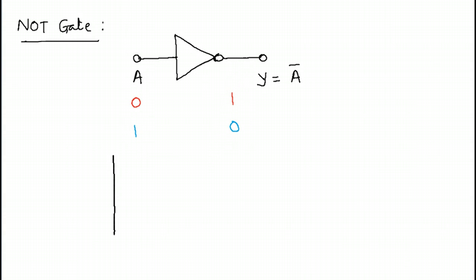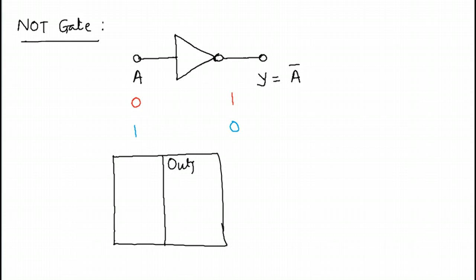And the truth table of a NOT gate is also quite simple. In the truth table, as usual, you're going to have two regions. One is for the output and this one is for the input. Now the input is called A, the output Y is equal to A bar.